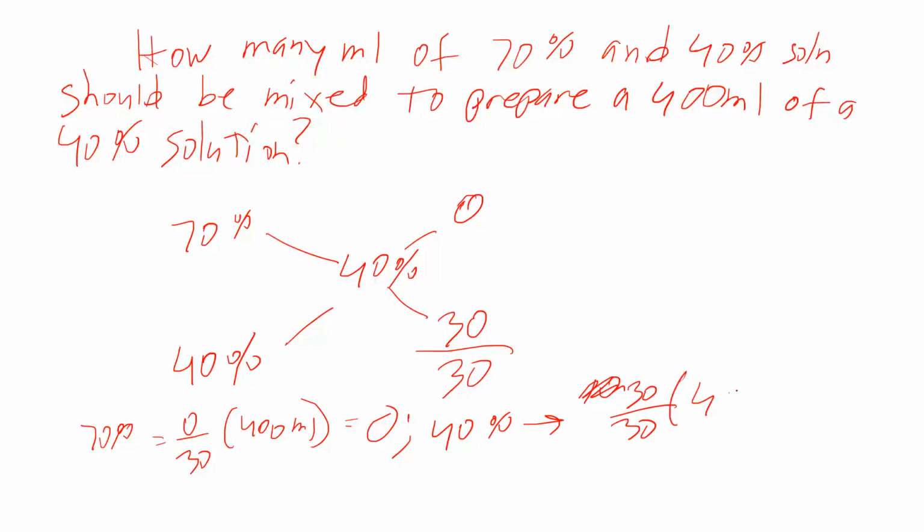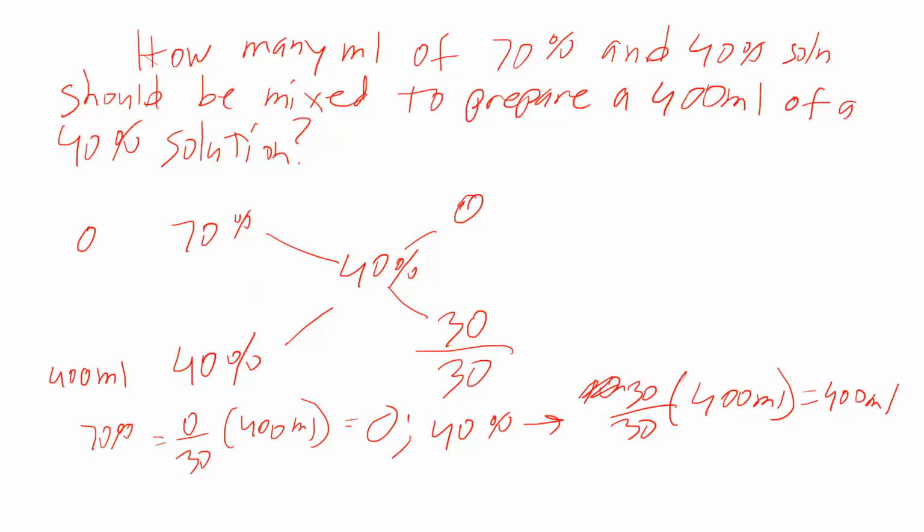So it's 1 times 400 mils, which is equal to 400 mils. So that means that there's no 70%, and there's 400 mils of the 40%. So there's going to be 400 mils of 40% and 0 mils of 70% to get you 40%.